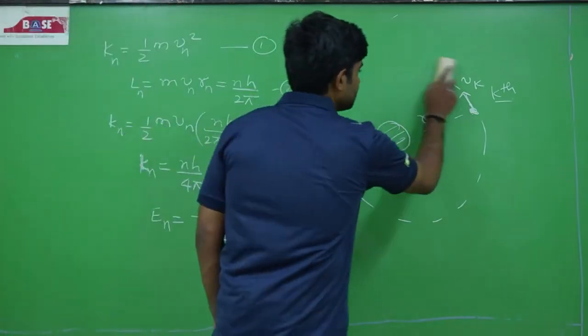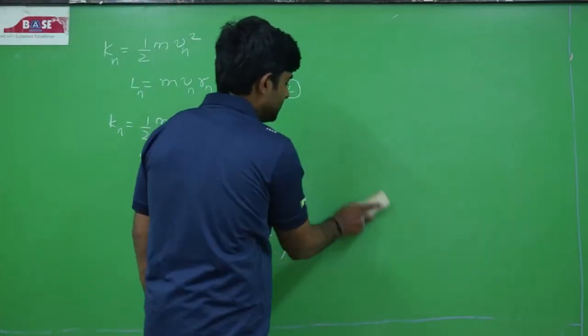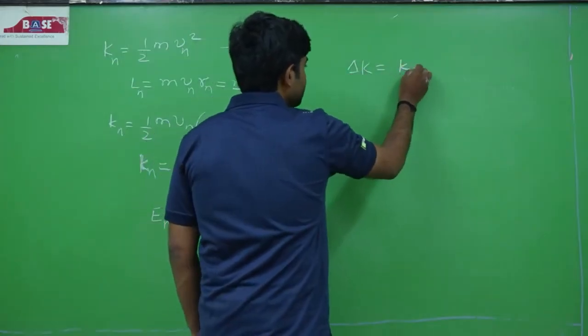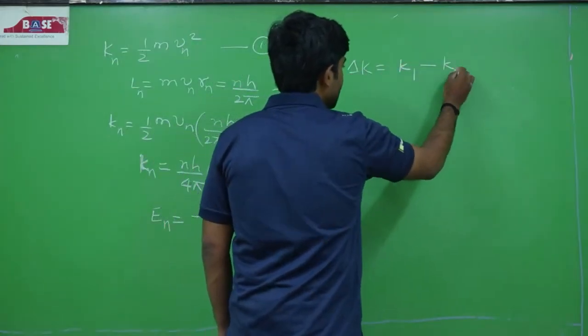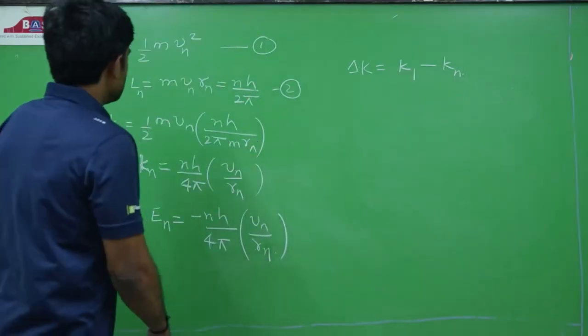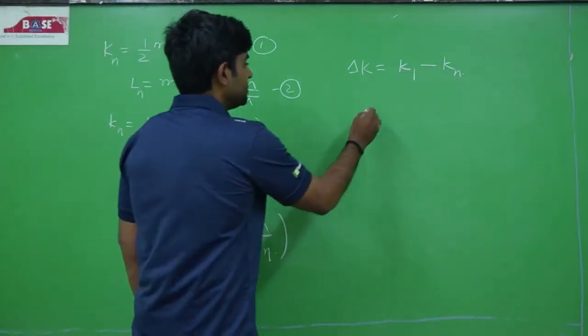I'll erase this part. So the changes happening to our kinetic energy: delta K, meaning kinetic energy in the first orbit minus kinetic energy in the nth orbit, because it is transiting from the nth orbit to the first orbit.